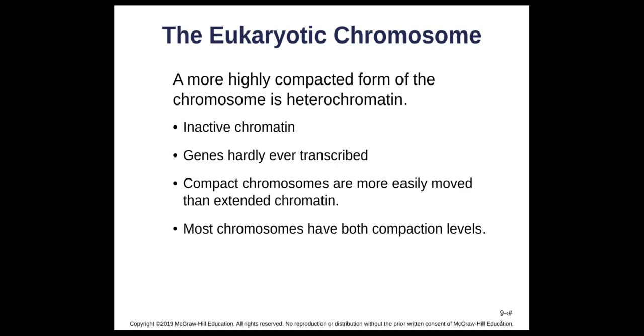And it's just more easy to move your chromosomes when they're compacted than when they're loose. And most chromosomes have both this looser compaction where ribosomes can transcribe and this tightly compacted that is not used DNA. So there's a mix on all of your chromosomes.